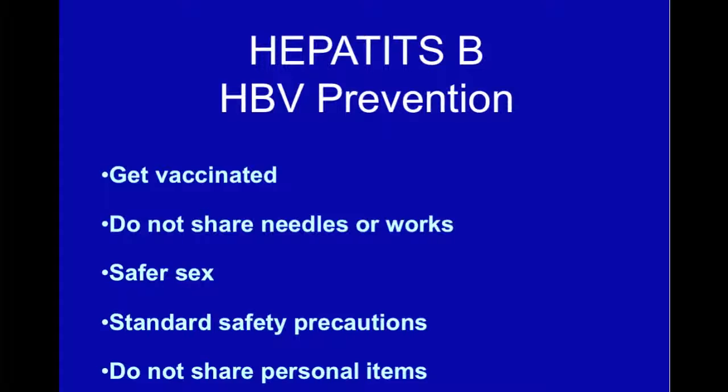Next person, if they use that, they could be exposed the same way. There's also the possibility that folks could have been infected, mother to child, at birth as well with hepatitis B.